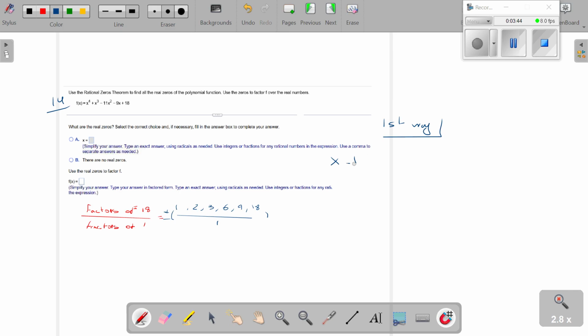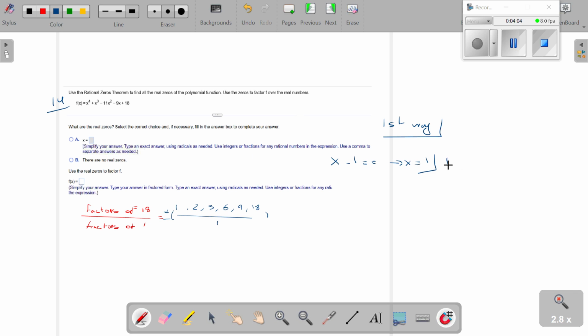So how do I check that? Set this equal to 0 and x is equal to 1. This is my corner number. And divide the function using synthetic division. If the remainder is 0, this is a factor of the function, and 1 is a zero of the function.